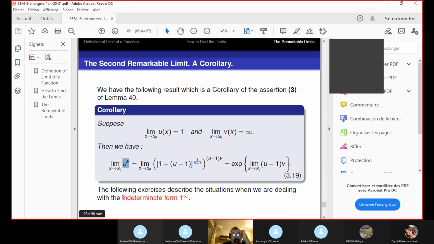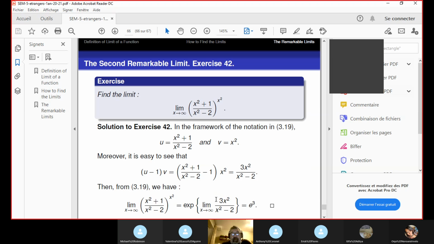So we have an indeterminate form like 1 to the power infinity. You see? And we will use this corollary in the next exercise.